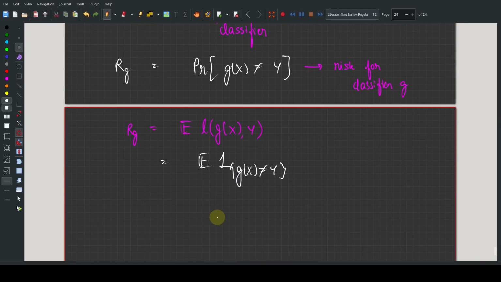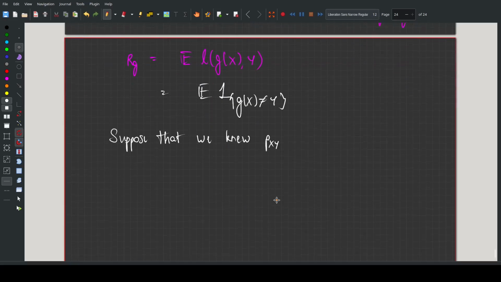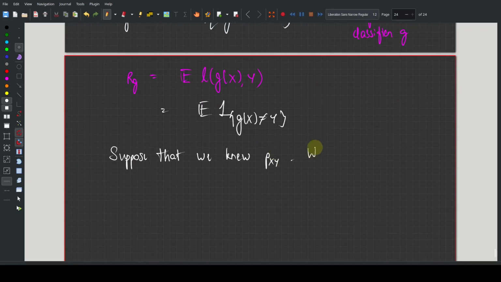Then what would be the function g that minimizes the risk? Correct.